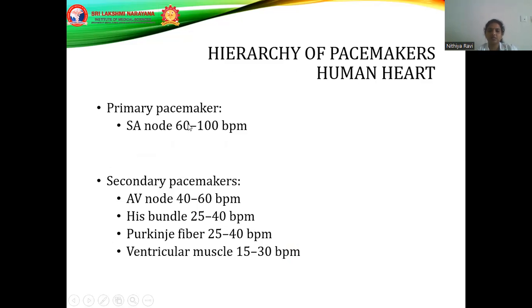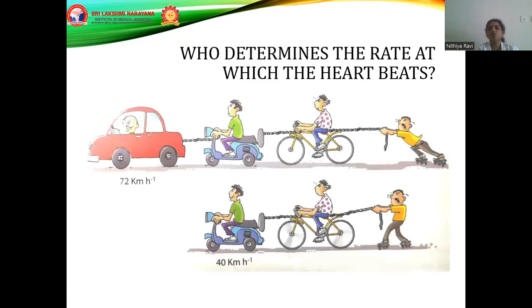When the ventricular muscle acts as a pacemaker, you get a very low heart rate of around 15 to 30 beats per minute. Normally, with the SA node as pacemaker, we have a heart rate of around 60 to 100 beats per minute.